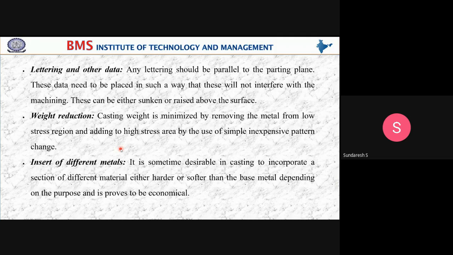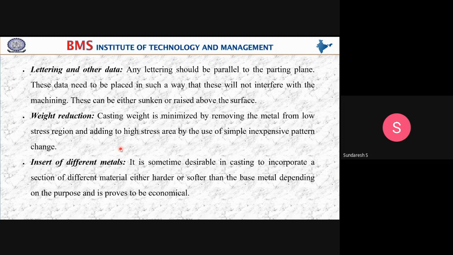So the letters should always be placed parallel to the parting line, and you should take care that these data do not come on the surface which will undergo machining. That's why they say these should be either sunken or raised above the surface.